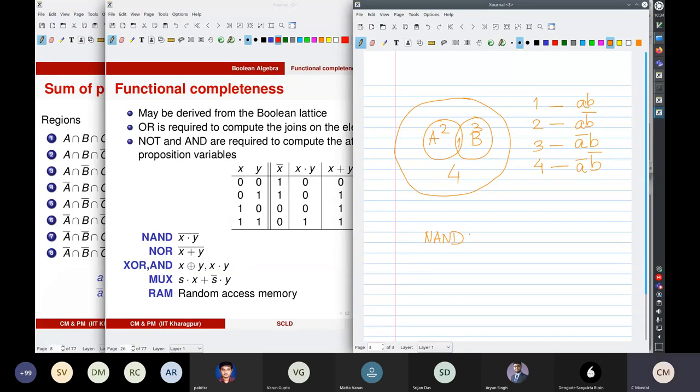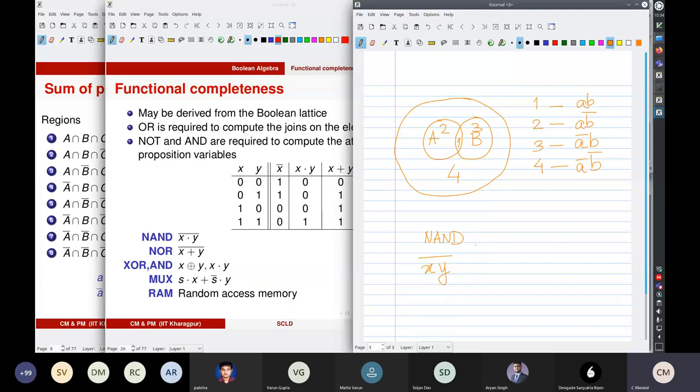So how do you get AND from NAND? NAND gives you XY bar.